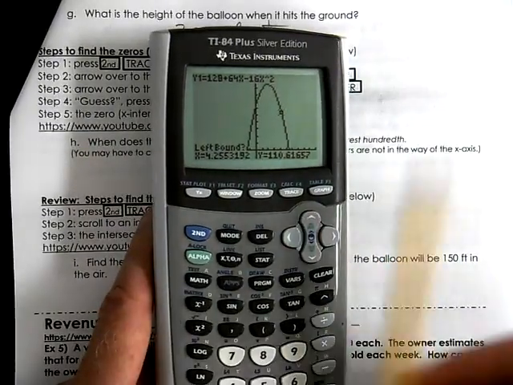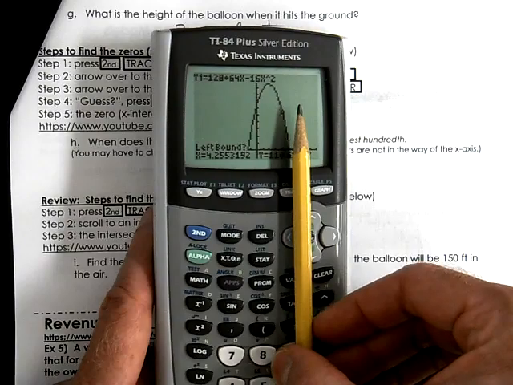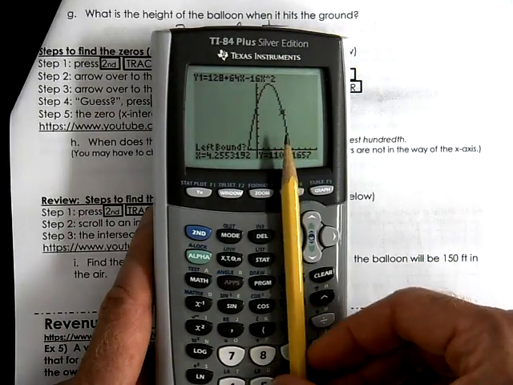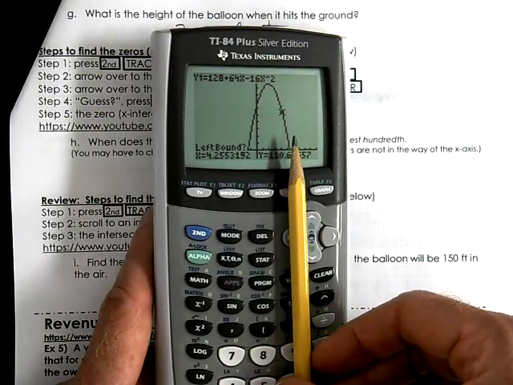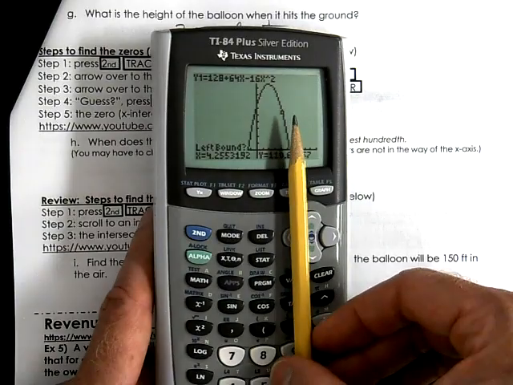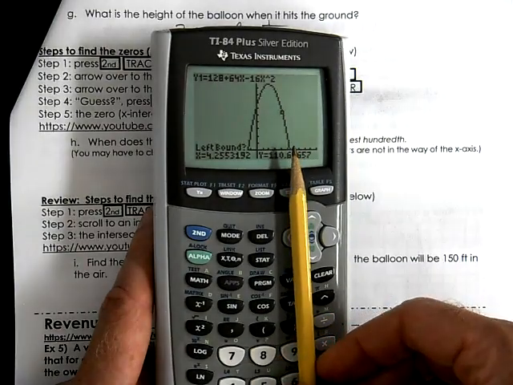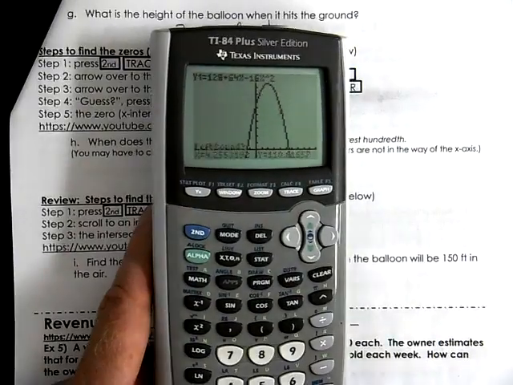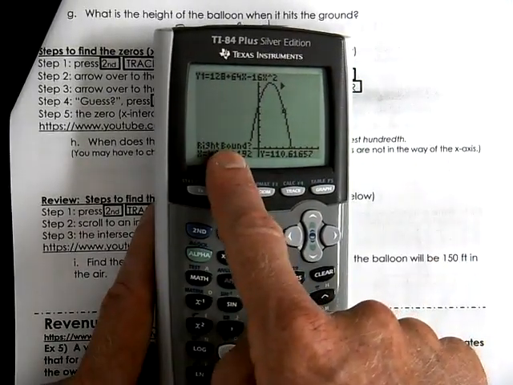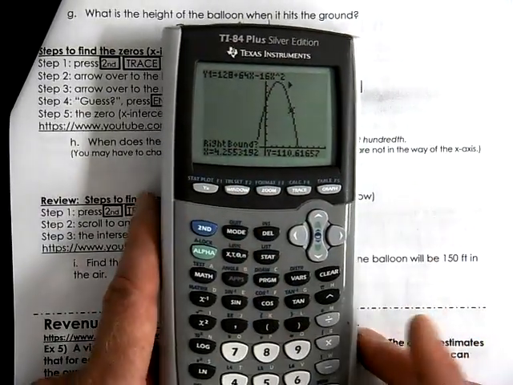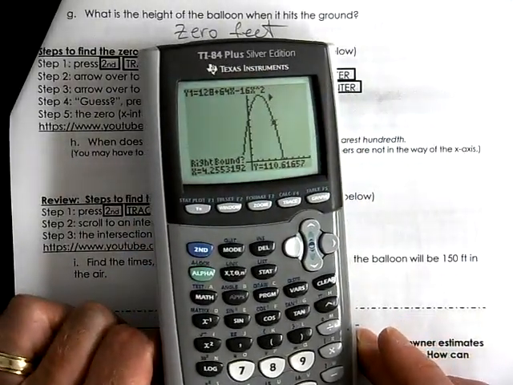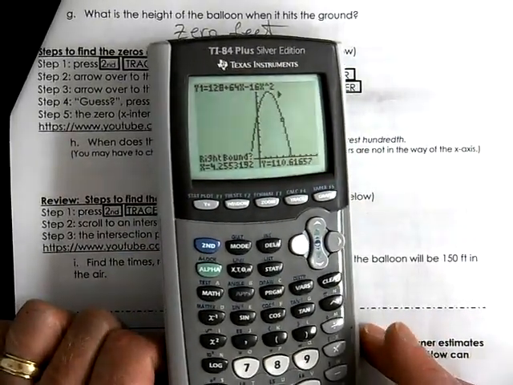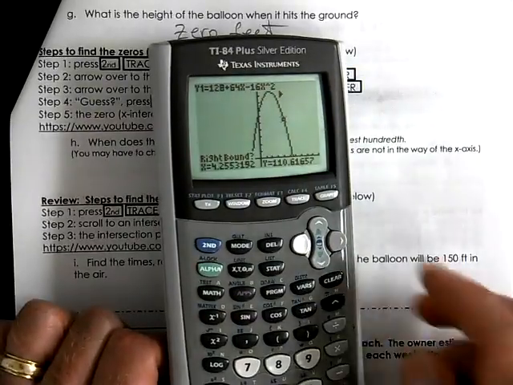I'm to the left of my x value that represents my x-intercept. Now I hit enter. Now it says right bound. I have to be to the right of it. Well, to the left of it, in this case, is kind of above the x-axis.